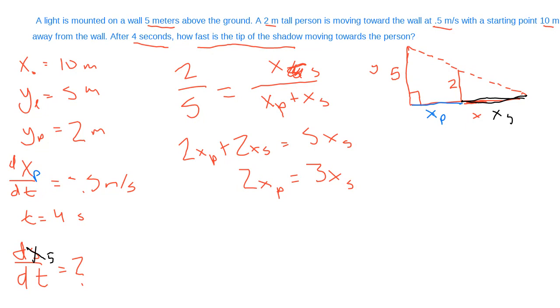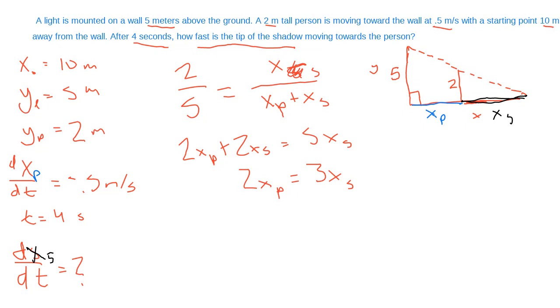We have an xp and an xs. We don't know exactly what they are right now, but we do have the information to solve it. But since ultimately we're looking for how they're changing, not where exactly they are right now, we can take the derivative.